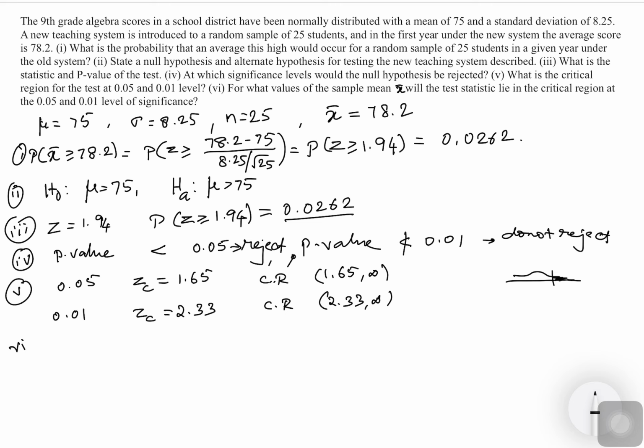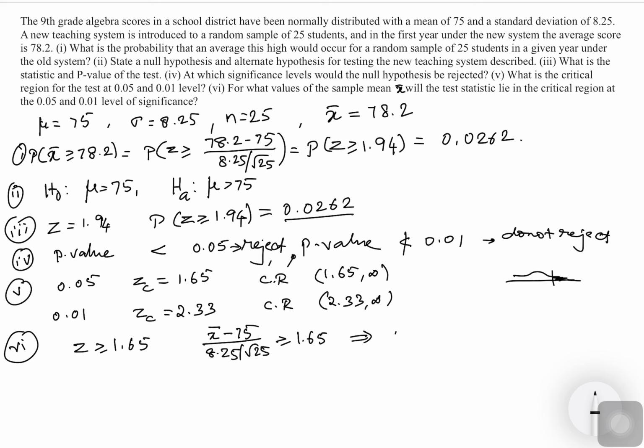Next, the sixth question. For what values of the sample mean x bar will the test statistic lie in the critical region? That means for all z greater than or equal to 1.65 at 0.05 level of significance, it will be lying in the critical region, or (x bar minus mu, which is 75) over 8.25 divided by root 25 is greater than or equal to 1.65.